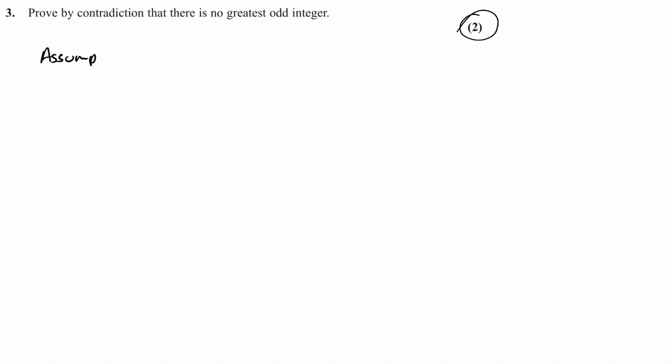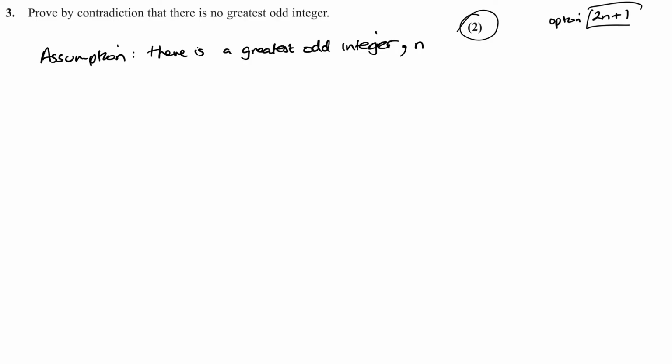So assumption is where we want to start, and that's going to be the opposite. So there is a greatest odd integer. And you need to call it something. For example, n. Another option would be, say, 2n plus 1, which is what I usually prefer to go with. It's totally up to you.